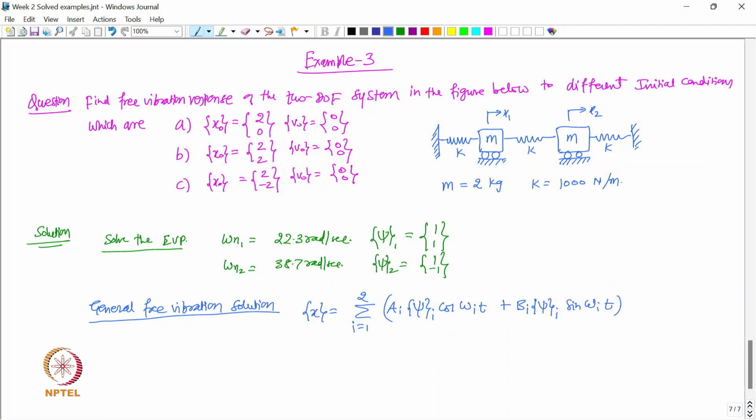So, here A I and B I are arbitrary constants. What are A I and B I? A I and B I are arbitrary constants.